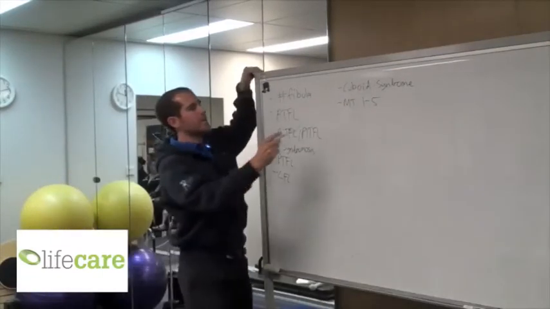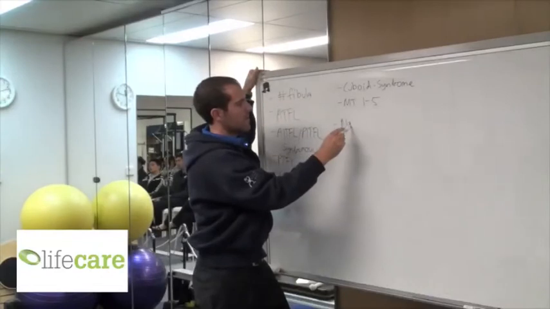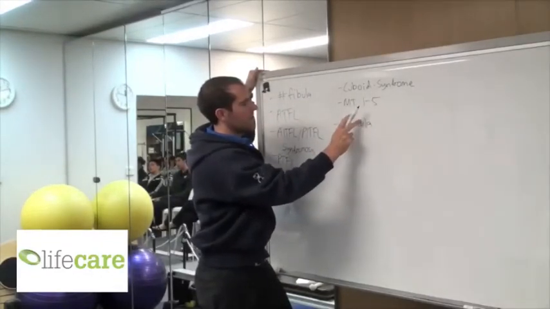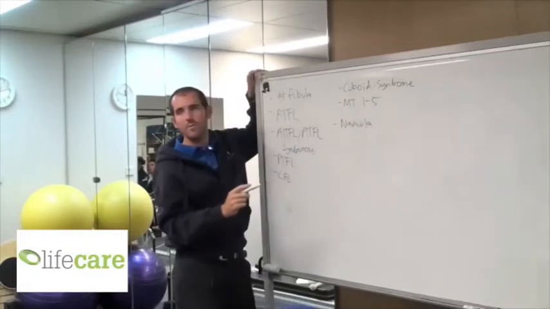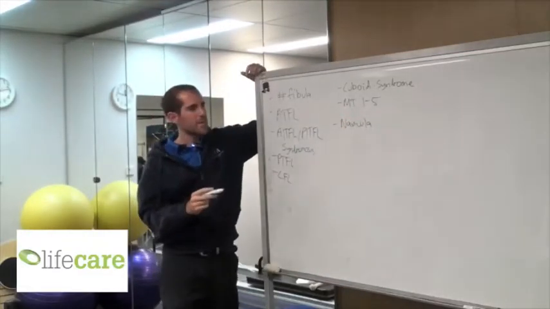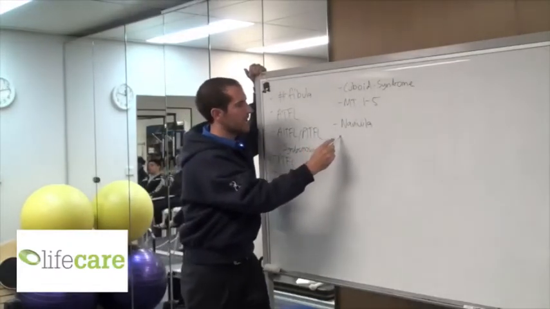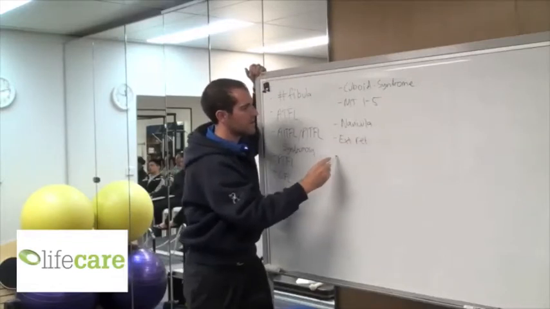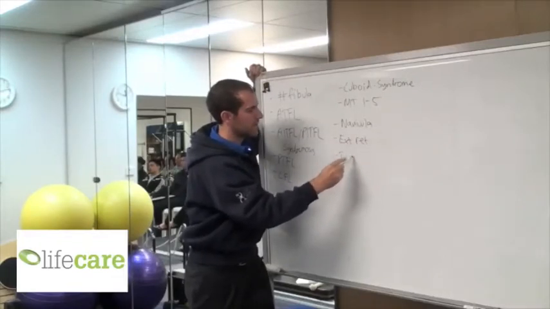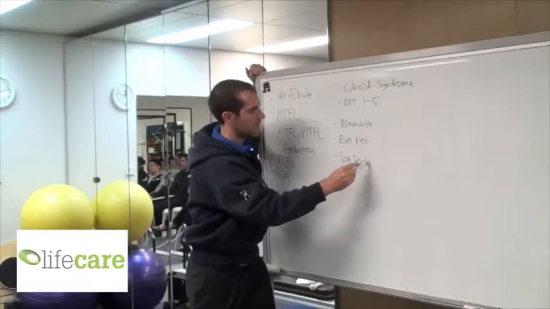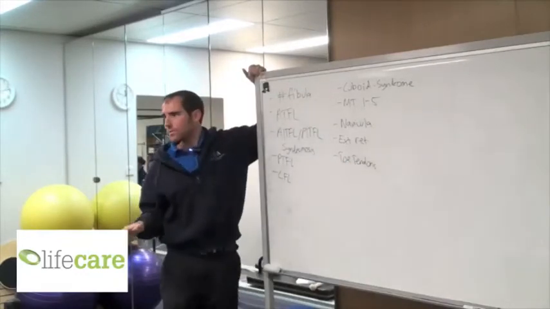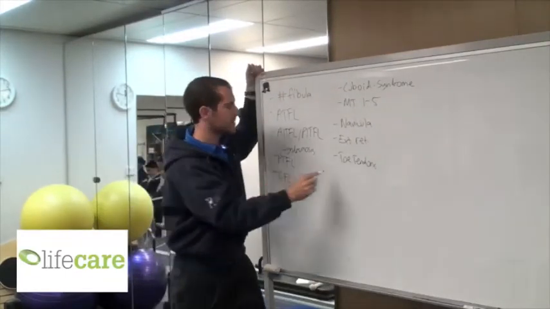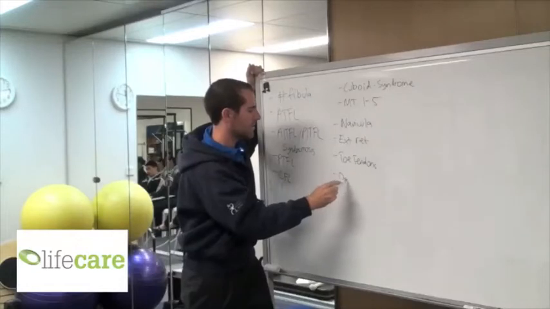So navicular, very important one that gets diagnosed correctly and early. Can have acute fractures and common stress fractures in that as well. Further up the foot then, extensor retinaculum, toe tendons, on the dorsal side of the foot, okay? Then medially, deltoid ligament.